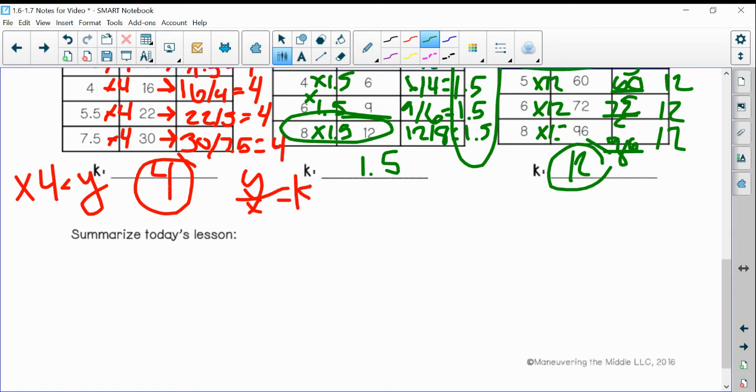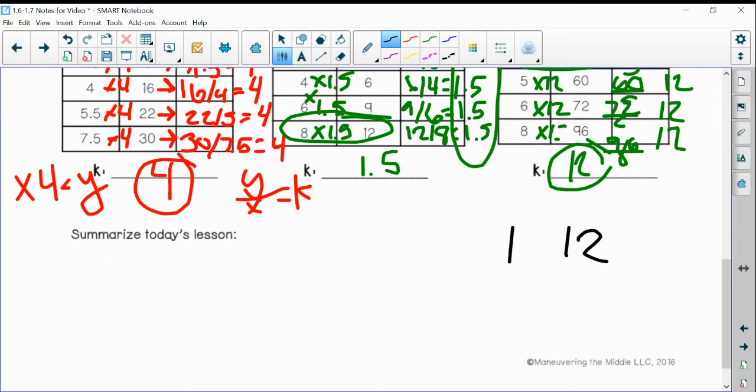So in this last one we did, where we had feet and inches, for every 3 feet, there are 36 inches. That constant rate of proportionality is 12. So what that tells me is that for every 1 foot, there is 12 inches.